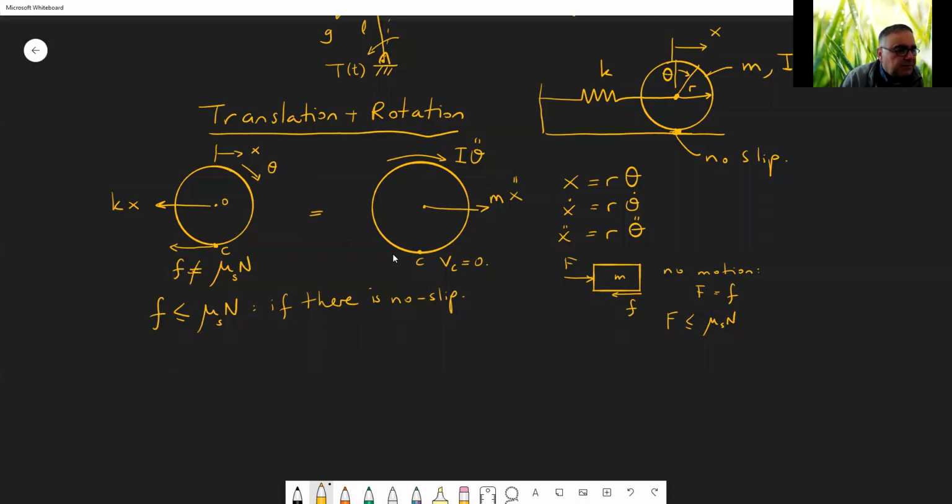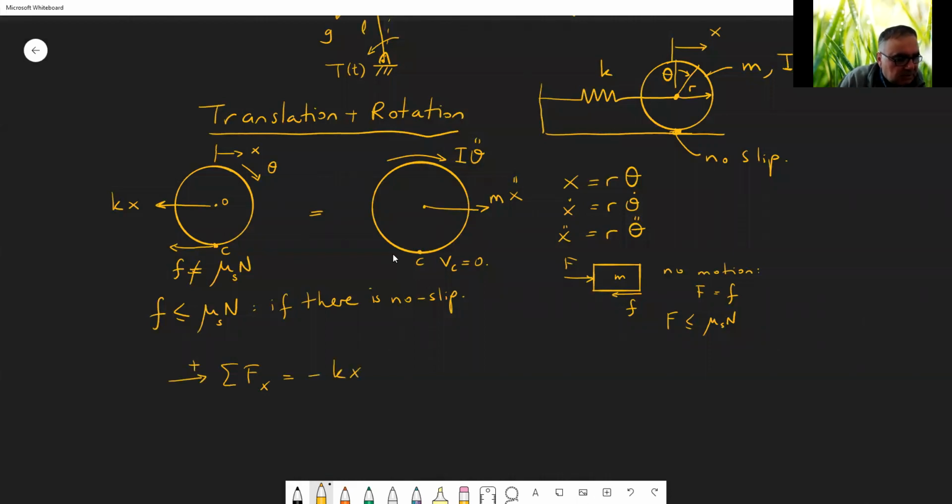So this is our free body diagram. This is the friction force. We will just keep the friction force as F, nothing else. So we sum up the forces in the x direction, and this is the positive x direction.